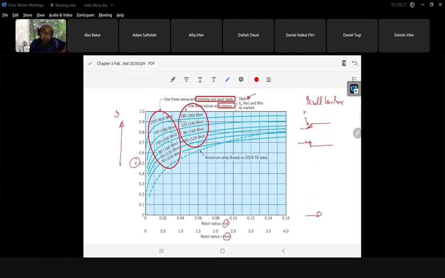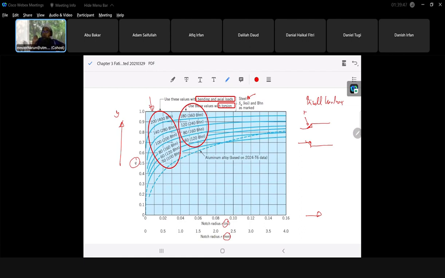Okay, it has two types of category. One is bending and axial, so for bending and axial just use the first value.